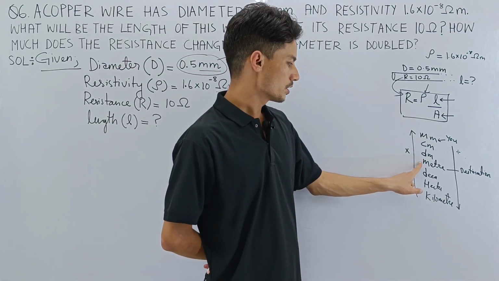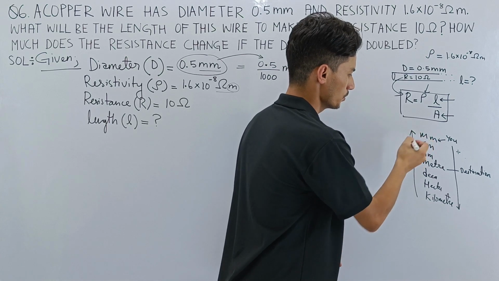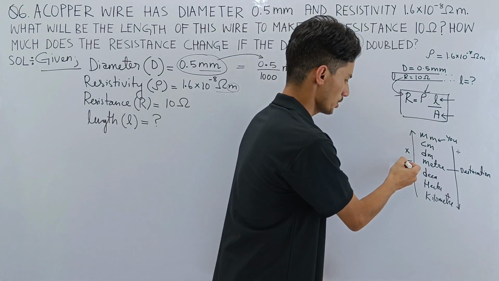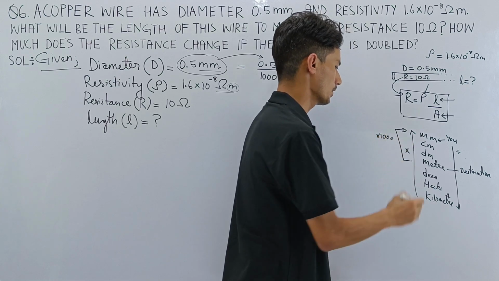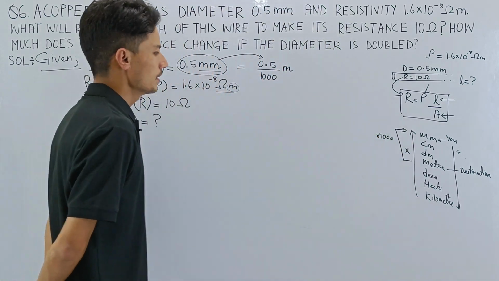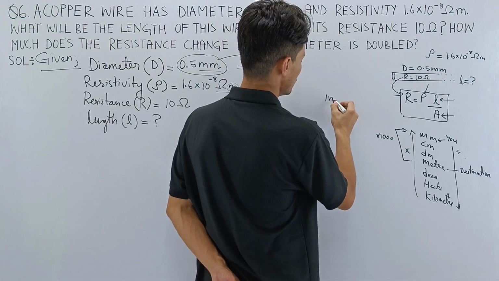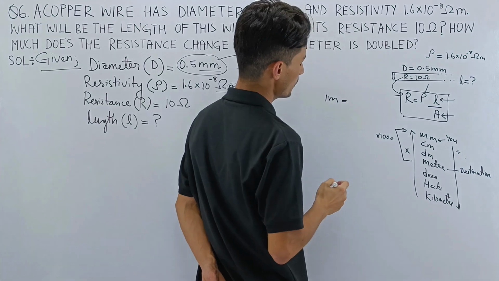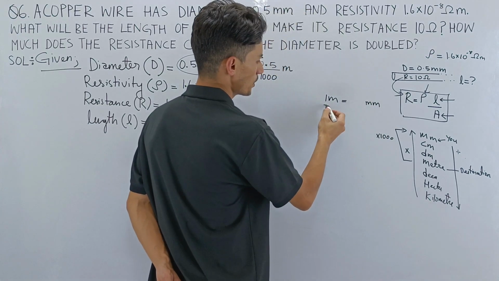Likewise, suppose you are in meters and you want to convert to millimeter. So you are here and you want to convert to this one, then it will be multiplication by 1000. For example, if we have to convert 1 meter to millimeter, how many millimeters will it be?